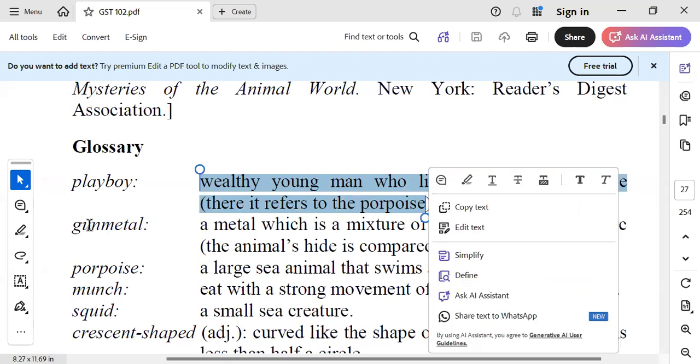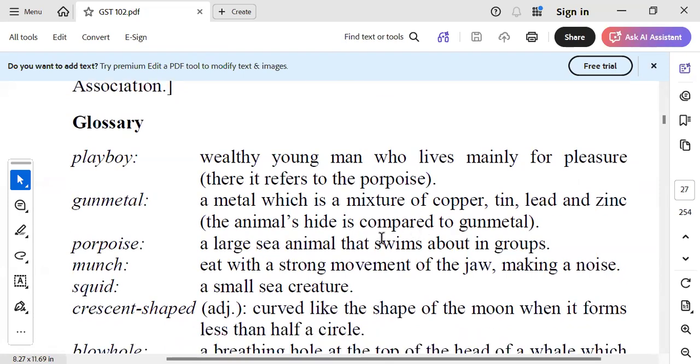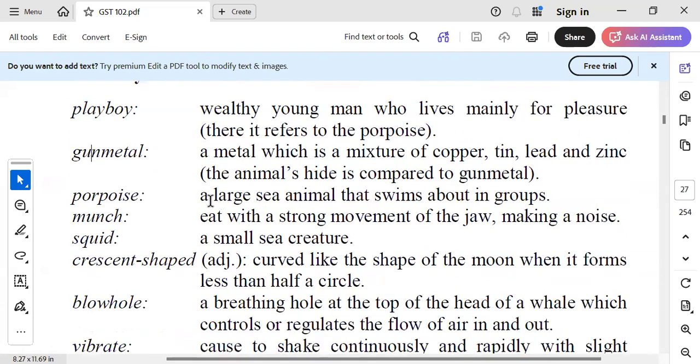Gunmetal is a metal which is a mixture of copper, tin, lead, and zinc. That is, the animal's hide is compared to gunmetal. Now, what is a porpoise? A large sea animal that swims about in groups. Munch means to eat with a strong movement of the jaw, making a noise.